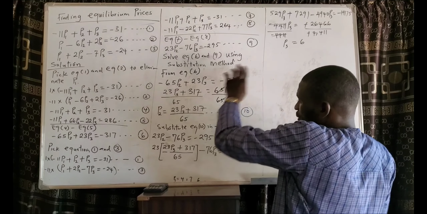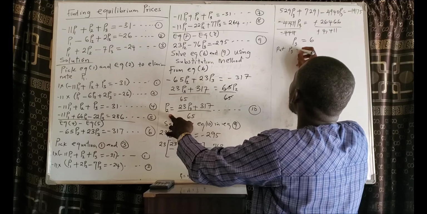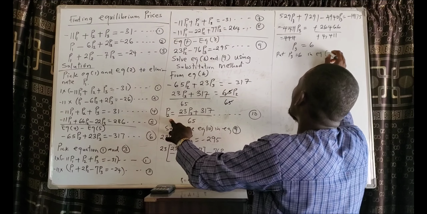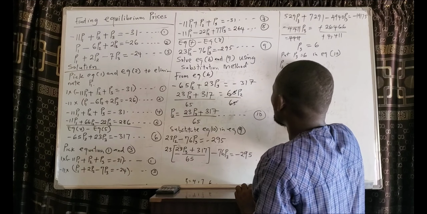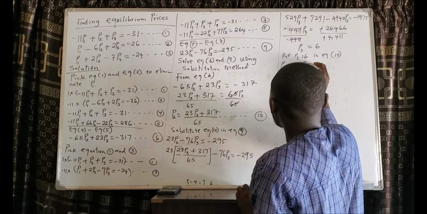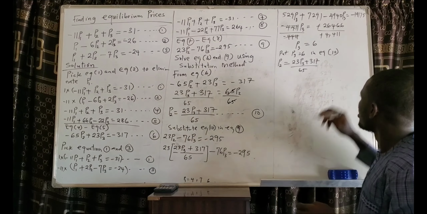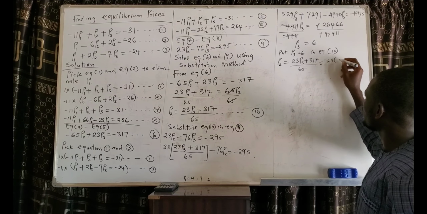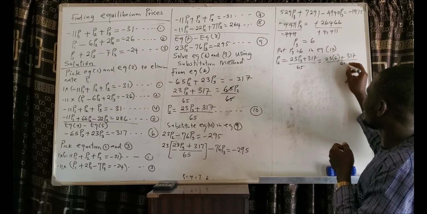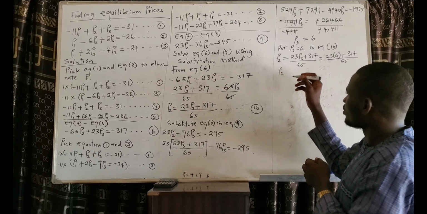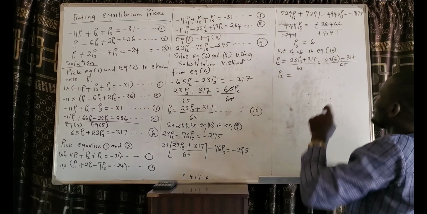Find P2. We substitute P3 equals 6 in equation 10. Equation 10 is P2 equals 23 P3 plus 317 all over 65. This is equal to 23 into 6 plus 317 all over 65. Now P2 is equal to 23 times 6, 6 times 3 is 18.